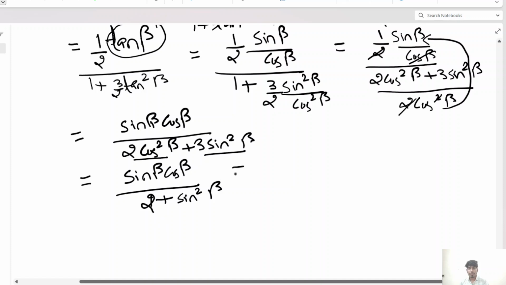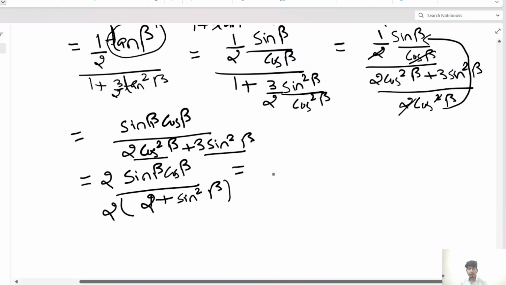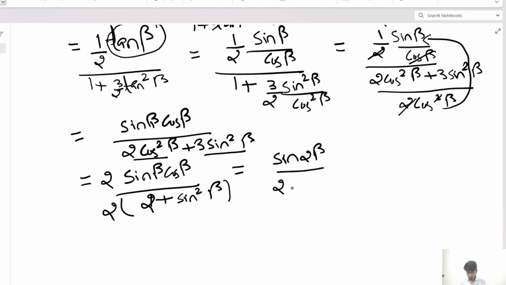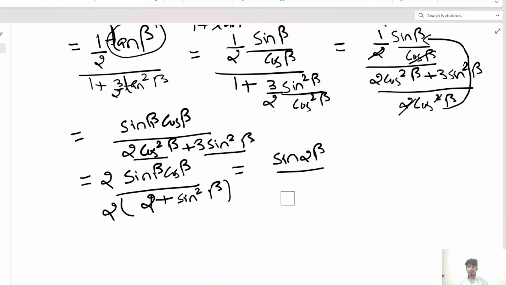Then if we multiply by 2 in numerator and denominator, the numerator is 2 sin beta cos beta, which is sin 2 beta, and the denominator becomes 4 plus 2 sin square beta.